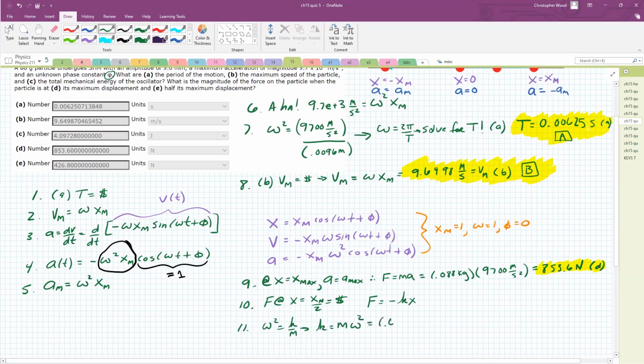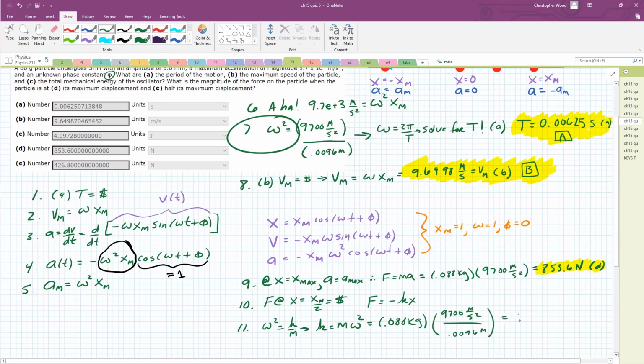The mass is 0.088 kilograms. And omega squared is sitting there. Well, I never did store that. So, but here's omega squared, 9,700 meters per second squared, because right here, here's omega squared, all over 0.0096 meters. So this is going to give me my K value.